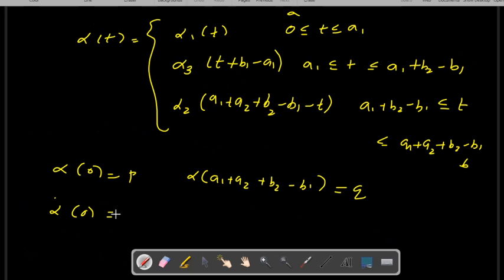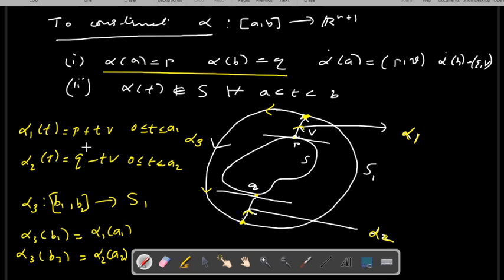And at a1 plus a2 plus b2 minus b1 you have to find the derivative, alpha 2 dot, which will give you minus v, correct? It will come minus v.